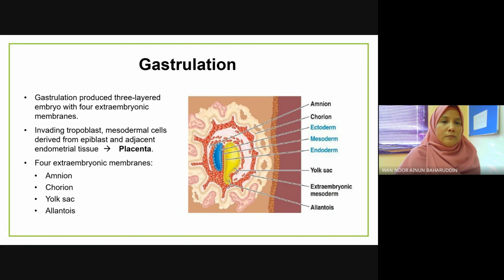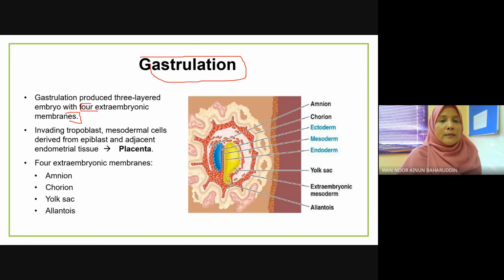So there are three layers of gastrulation: endoderm, ectoderm, and mesoderm. But from the three layers, they have four extraembryonic membranes.